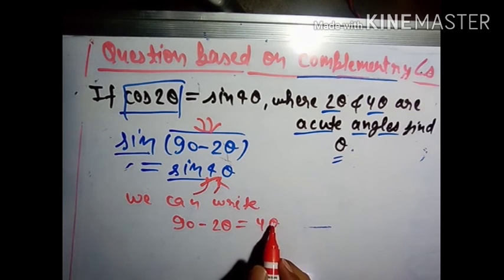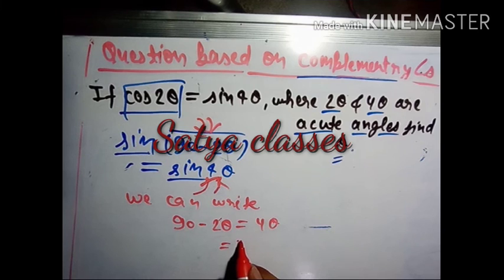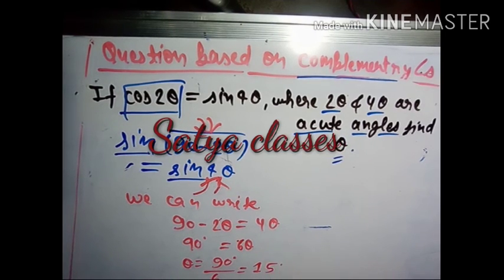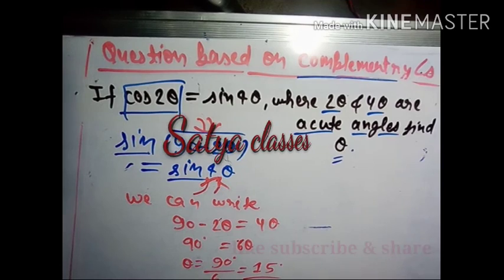Now it will be easier to find the value of theta. 4 theta plus 2 theta is equal to 6 theta, equal to 90 degree. Now theta is equal to 90 upon 6. So divide it quickly. 6 into 1 is 6 and 6 into 5 is 30. So the answer is 15 degree.